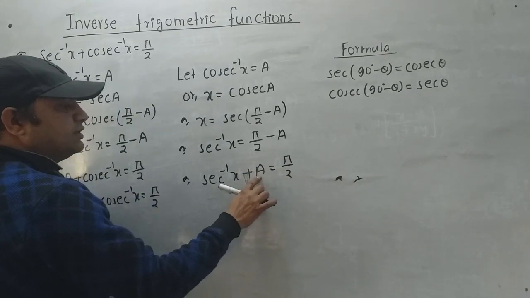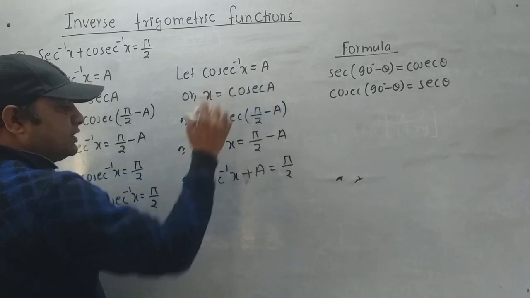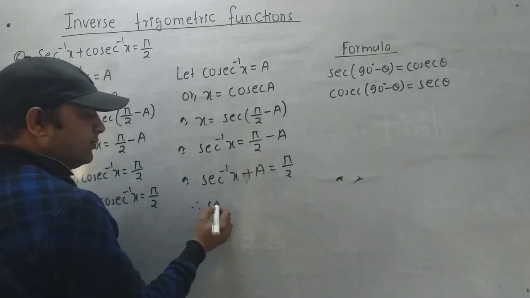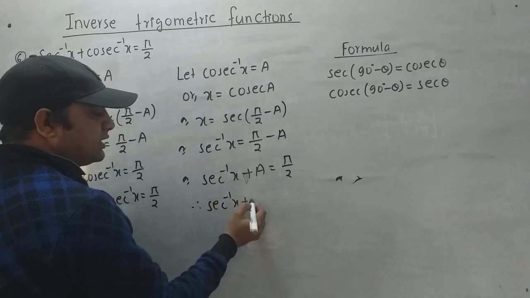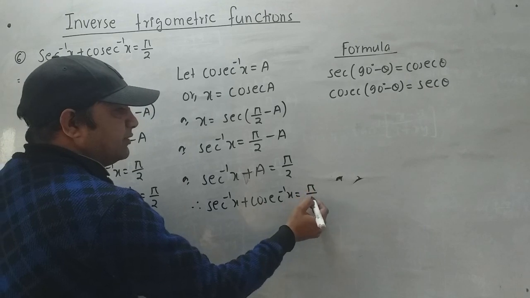So what is the original replacement for angle A? Angle A is cosec inverse x. Therefore sec inverse x plus cosec inverse x equals pi by 2.